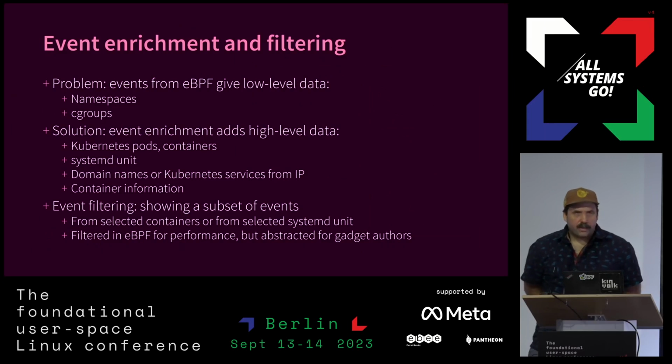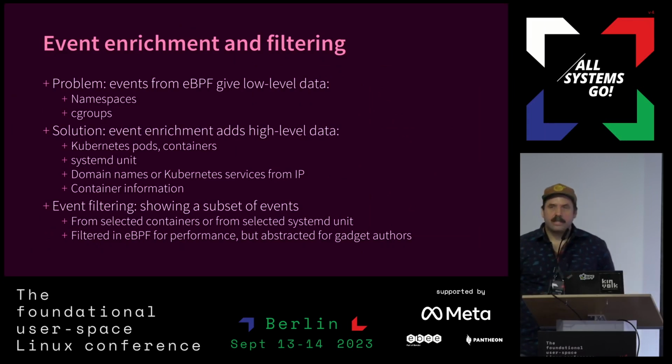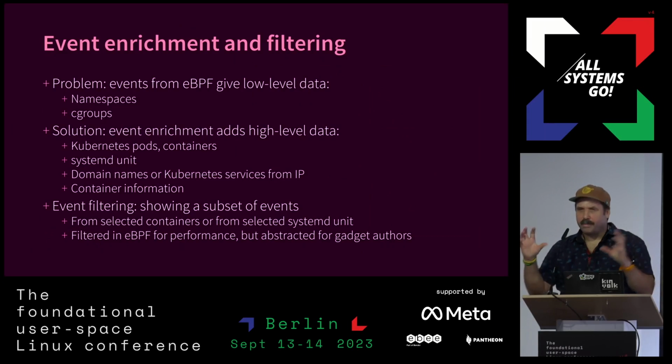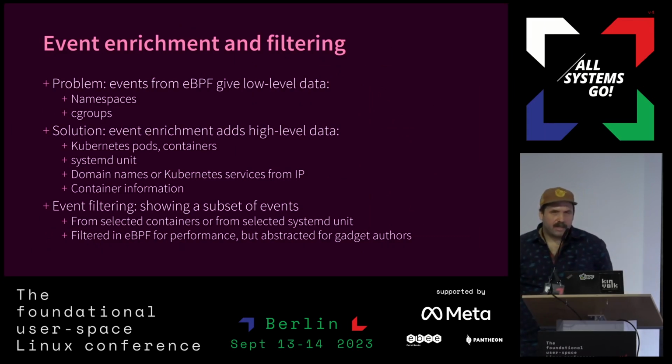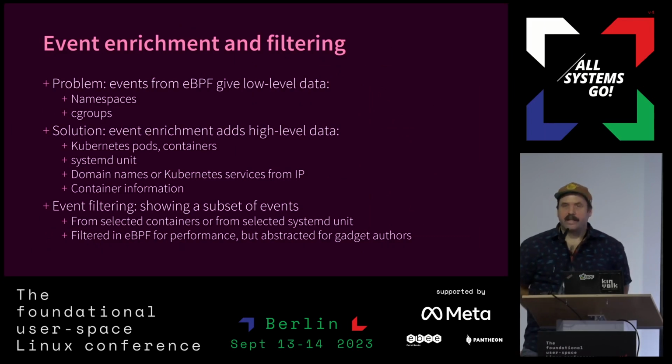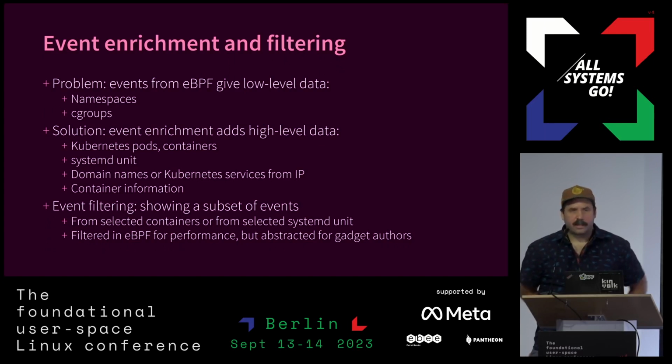But when I said we have several projects that put BPF programs in containers, a lot of those are very basic. They only use that mechanism. What we want to do is provide a lot of functionality that we build around this. One of the main things is enrichment. The information that BPF programs get is not very useful to the naked eye normally.